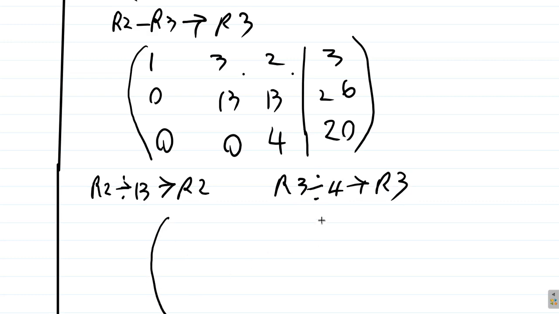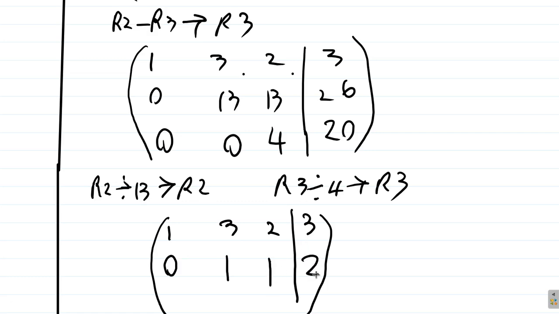So row 1 is alright: 1, 3, 2, 3. Row 2 divided by 13: 0, 13 over 13 is 1, 26 over 13 is 2. So we have 1, 1, 2 there. And then 0, 0, 4 over 4 is 1, 20 over 4 is 5. Nice. So that's what we have there.